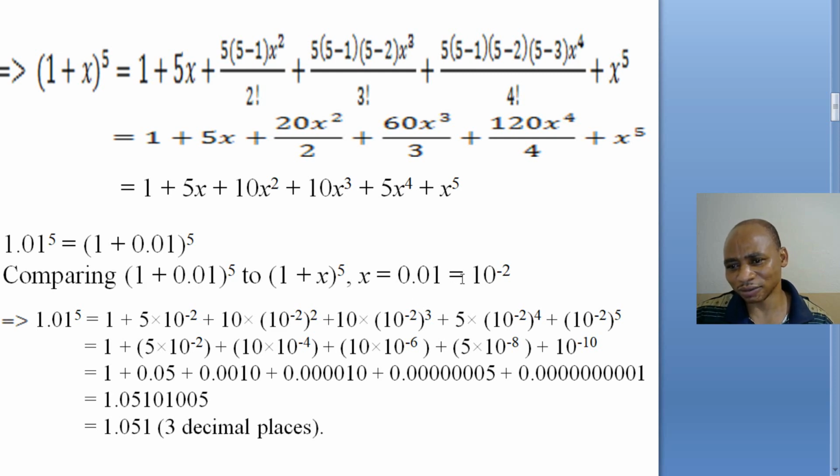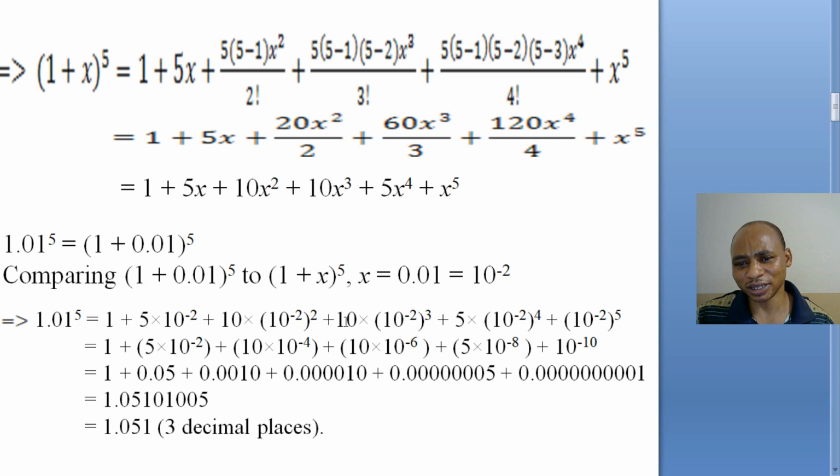And this in standard form, we will get 10 raised to the power -2. So the solution goes this way.